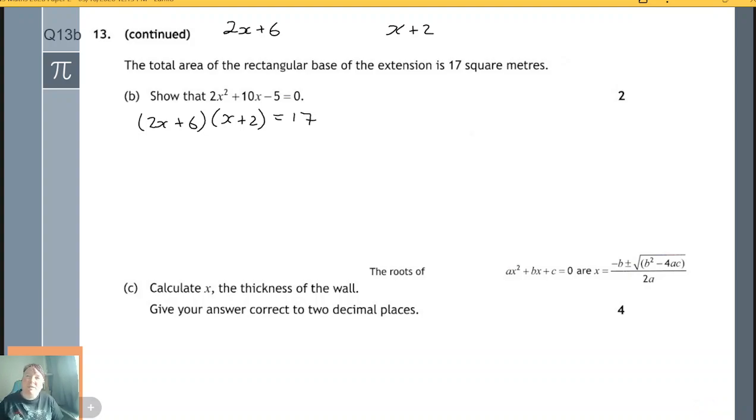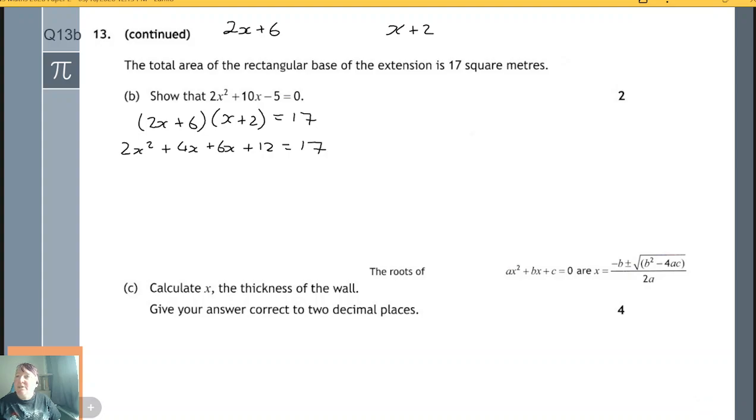To show that just means work with what you've got and see if you get that answer fall out. Right, so let's multiply out this bracket. 2x times x is 2x squared. 2x times 2 is plus 4x. 6 times x is plus 6x, and 6 times 2 is 12, so plus 12 equals 17.